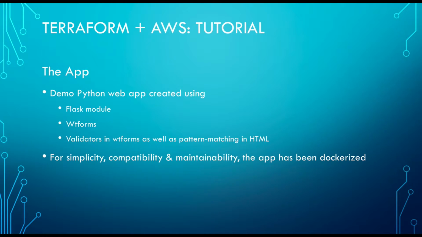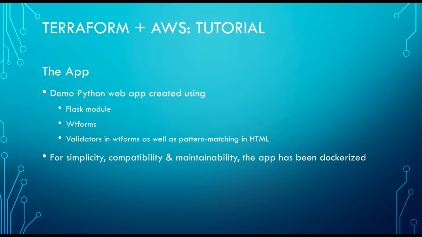So the demo Python web application runs on Python 3 and it's created using Flask, which is nothing but a lightweight web application framework. It's quite easy to get started with, and it's also using WTForms, which is basically reusable forms. It can be customized and templatized as per the needs.